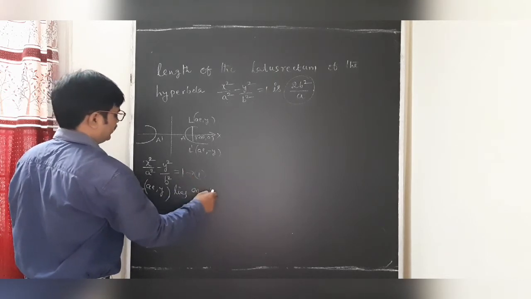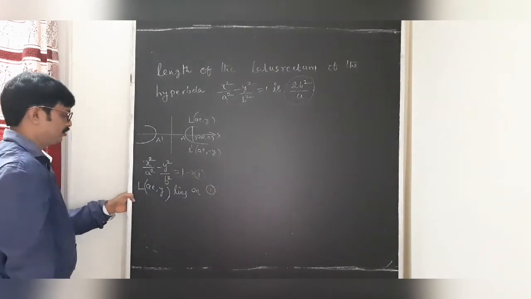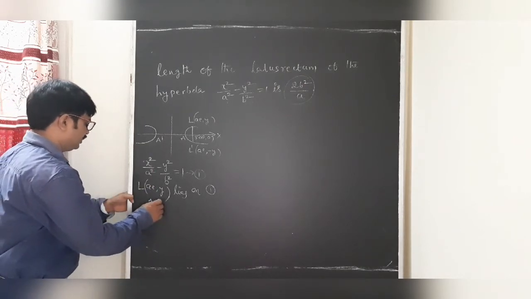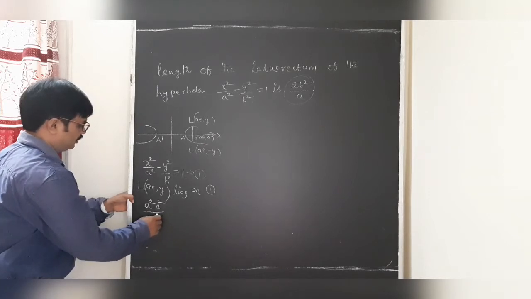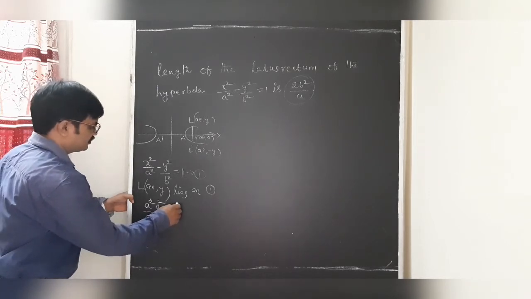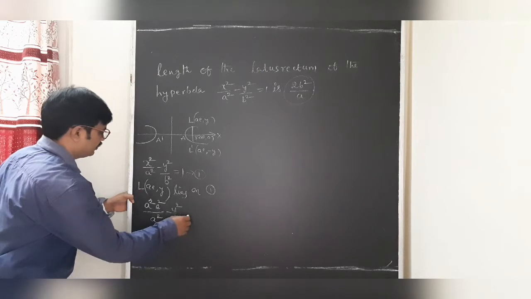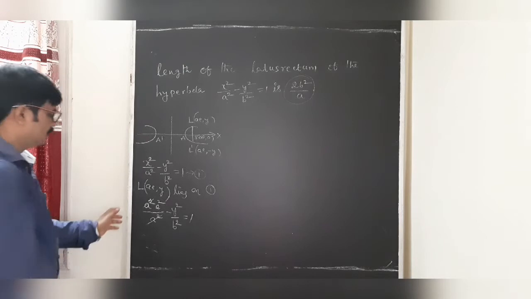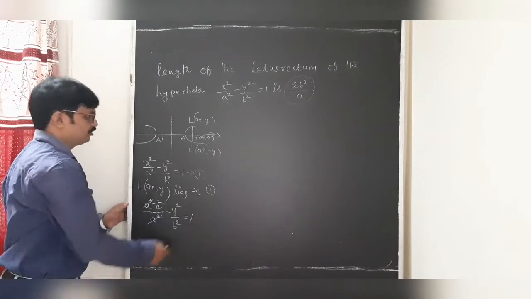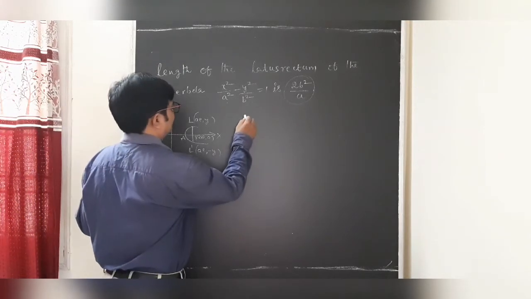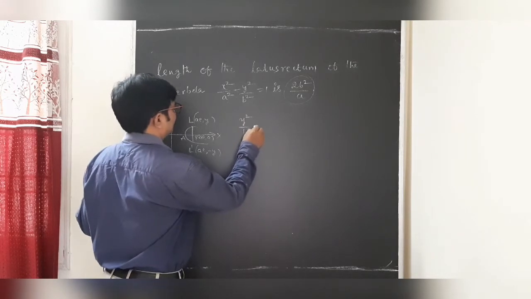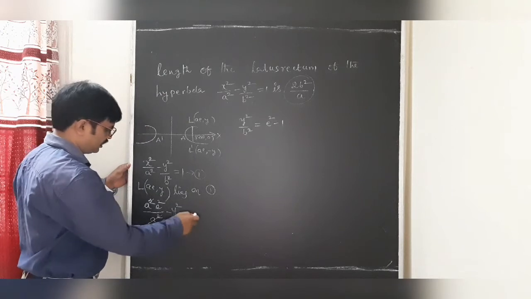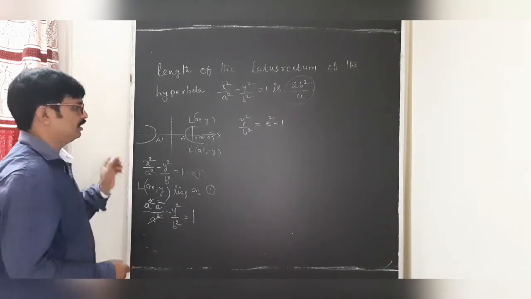Substituting here, a square e square upon a square minus y square by b square equal to 1. So, students, this is cancelled. Now y square by b square equal to e square minus 1. The plus 1 is sent to the other side.